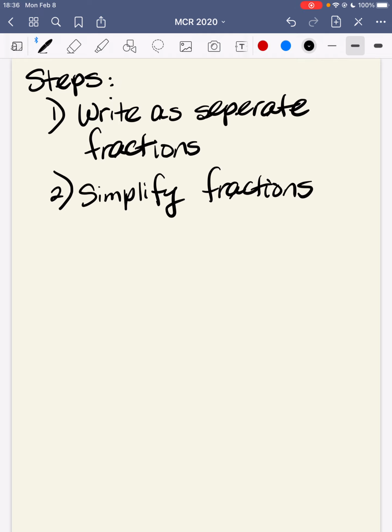All right. So if I have something like 3x squared plus x, and I want to divide that by x, my step 1 says I need to write each piece as an individual fraction. So everything in the numerator is going to be written over the denominator.